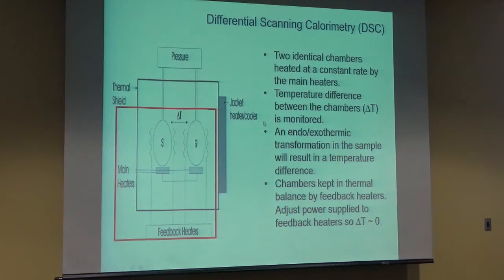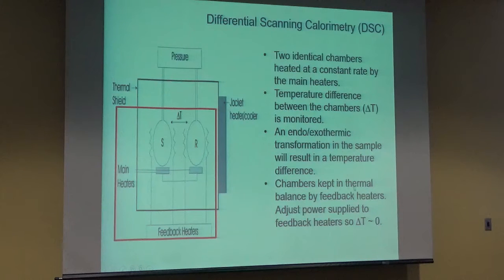So to go deeper into it, although somebody else should explain, let's see what I can explain here. Basically you have these two chambers here, and the temperature difference delta T is measured between these two. Two identical chambers are heated at a constant rate by main heaters. The temperature difference between the chambers, delta T, is monitored. An endo-exothermic transformation in the sample will result in a temperature difference.